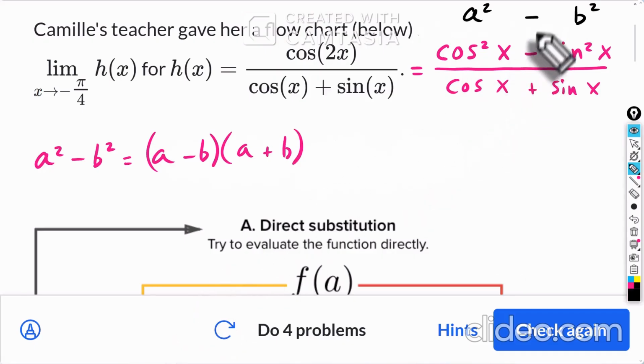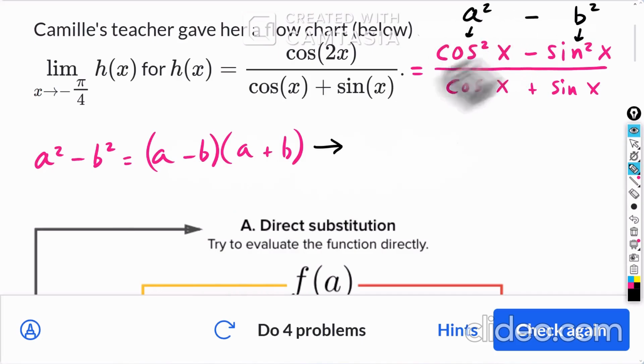All right, notice the minus sign lines up. A squared is cosine squared of x. B squared is sine squared of x. So rewriting the numerator in this form, a minus b, I don't want to confuse people.